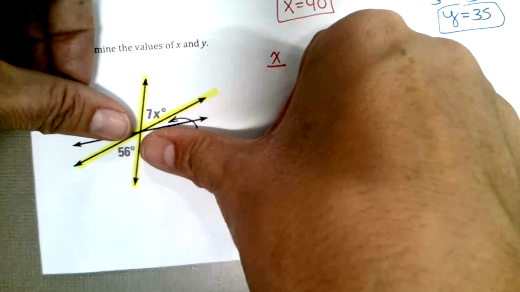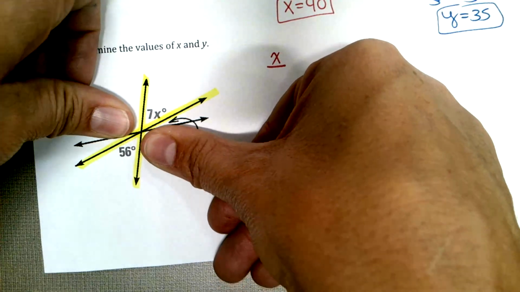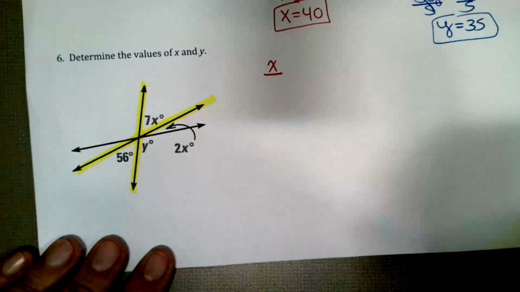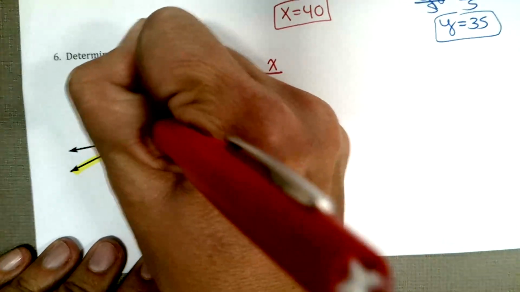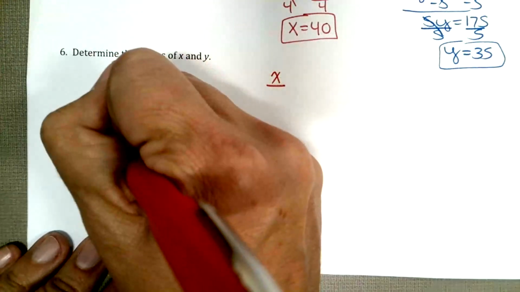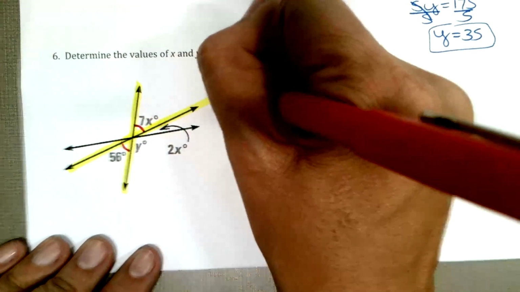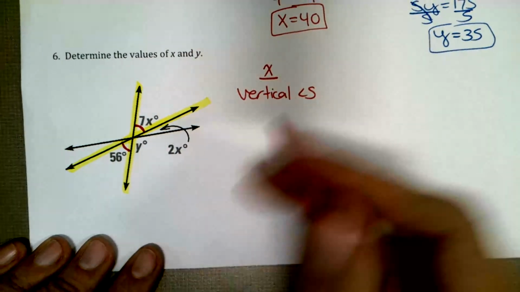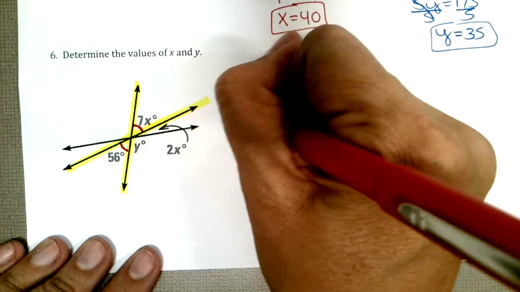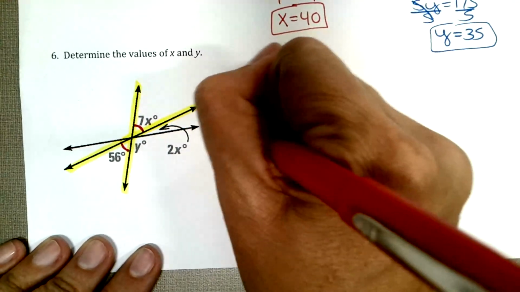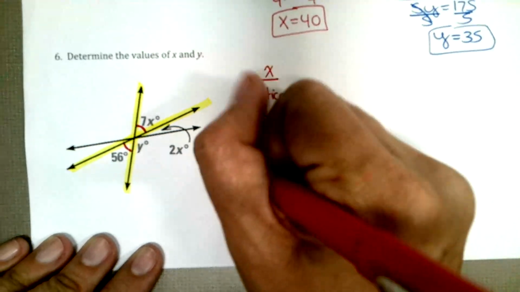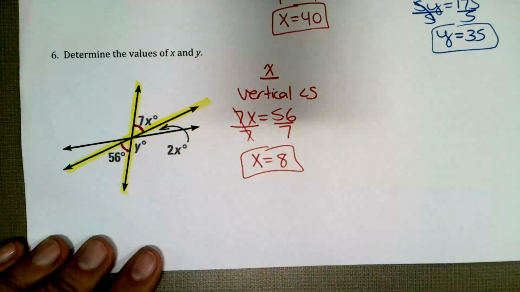Those 2 lines intersecting are opposite angles. So for the 7x, not all the x's, and the 56 are vertical angles. So we get 7x has to equal 56. And when we solve, we get x is 8.